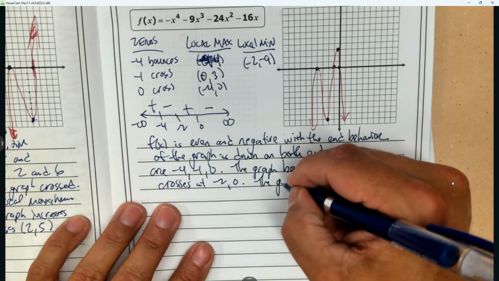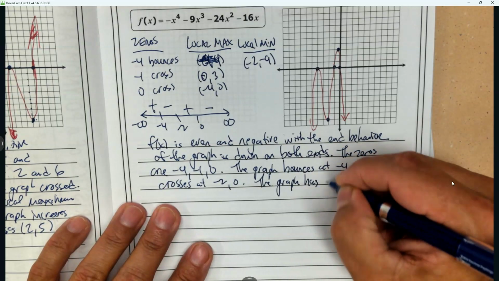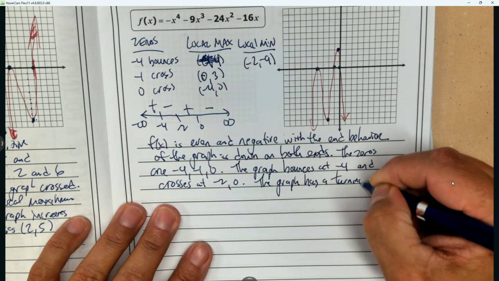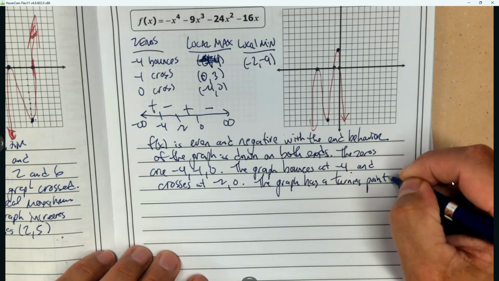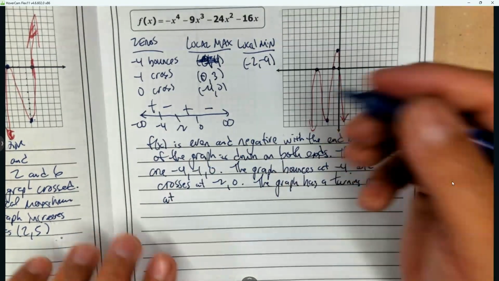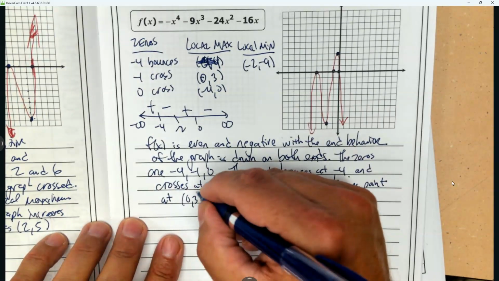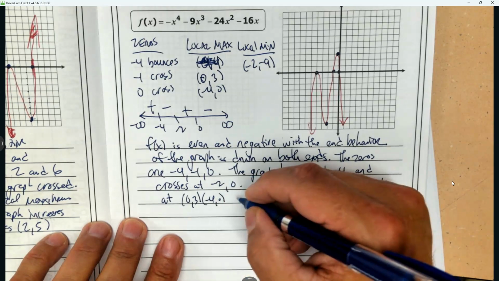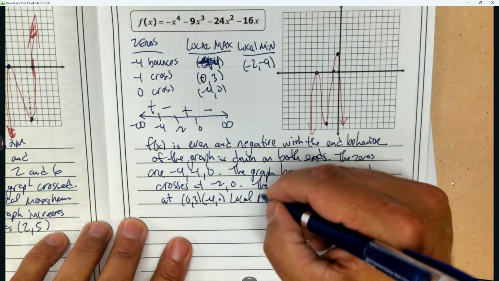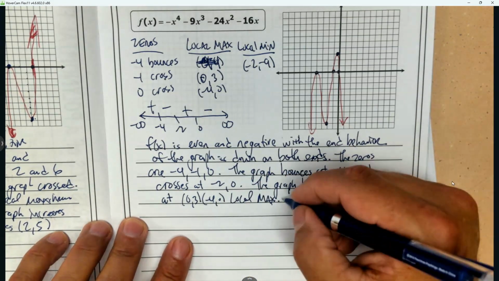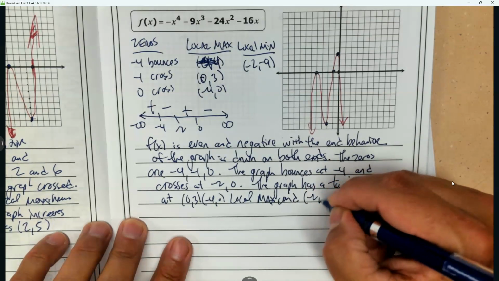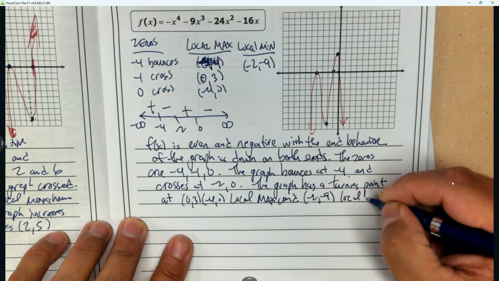The graph has a turning point at 0, 3 and negative 4, 0. Those are maximums. And at negative 2, negative 9, which is a local minimum.